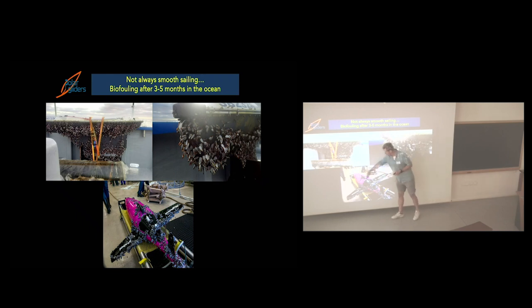And it's anywhere that the boundary layer is moving away from the vehicle, is being disturbed by the vehicle, these gooseneck barnacles are happy to grow on the edges of the wings and behind sensors and cause havoc for us. And sometimes we lose vehicles because of such biofouling.